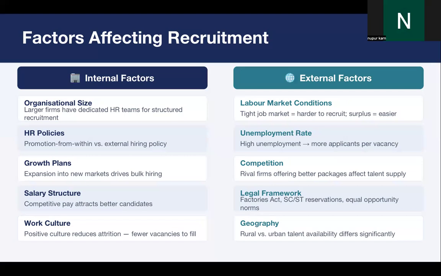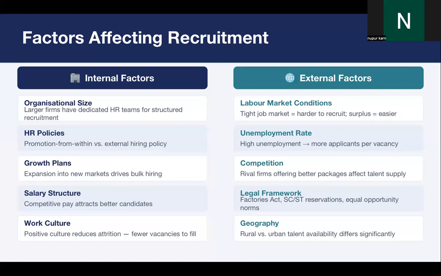I've already discussed that the company needs to follow all the legal requirements, because you cannot go against the law. There are different acts like the Factories Act, reservation, and equal opportunity norms. So the company needs to follow all these norms and recruit according to them.